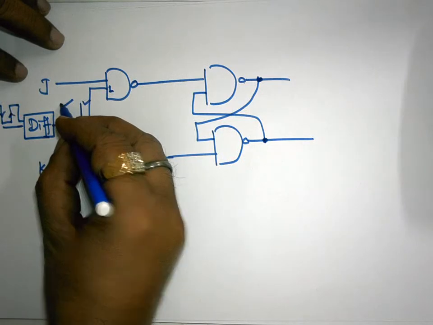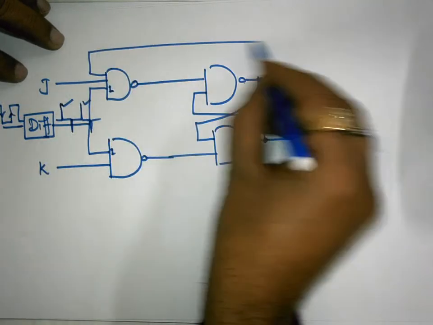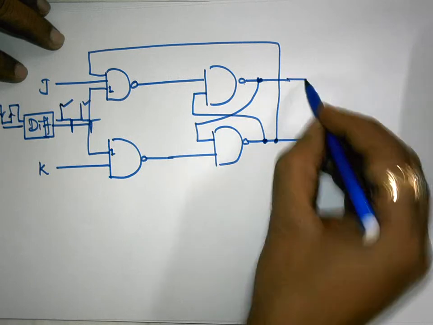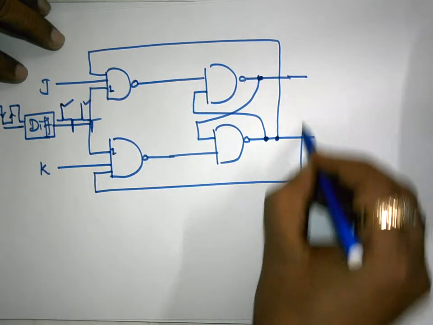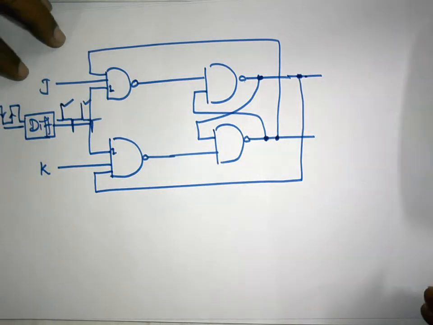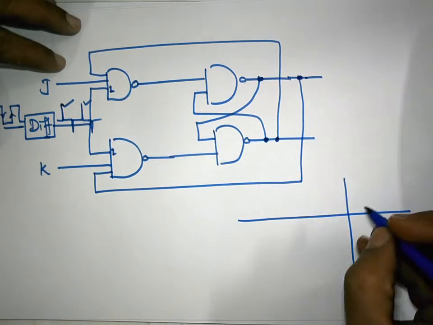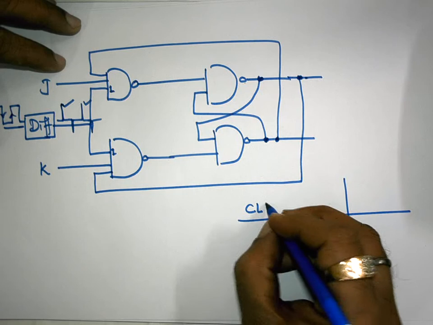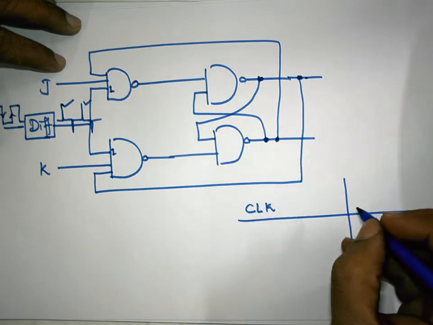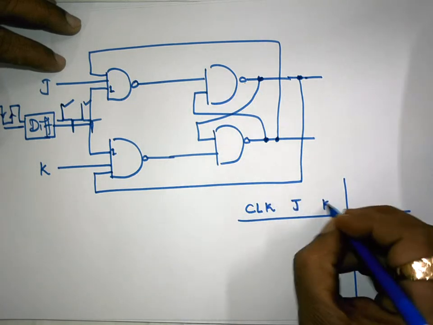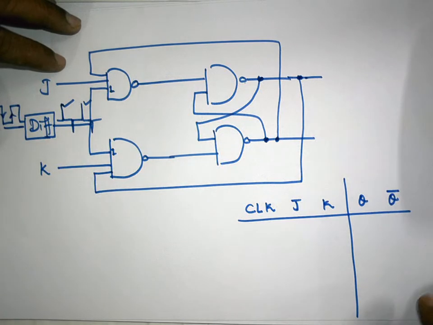Now suppose we see all the input output conditions in this circuit: clock, J, K, Q and Q bar.